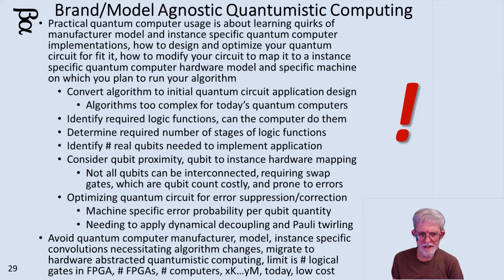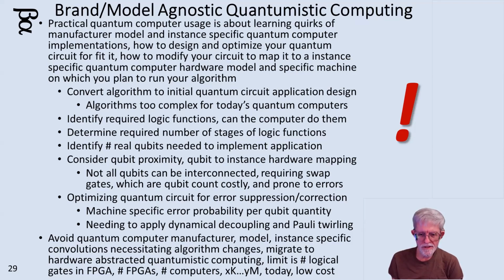Now, if we did this using VHDL, then the brand and model of the gate array is really not something that the person writing the algorithm has to worry about. But if you remember from the last presentation, if you're writing something for a quantum computer, there's a whole lot of quirks you have to learn that are manufacturer specific, model specific, and as they age, even instance specific quirks that you have to adjust your algorithm for.